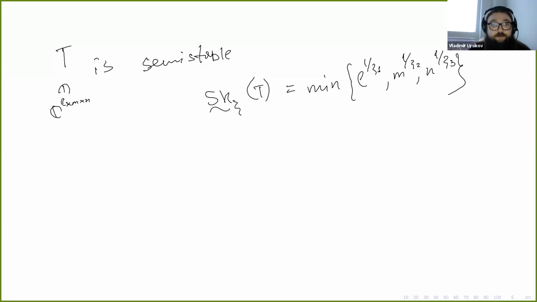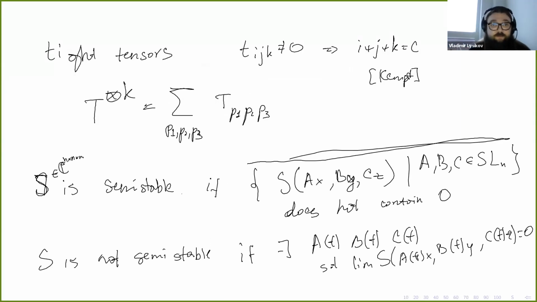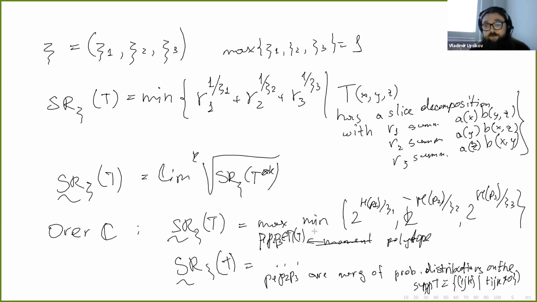And in this way, if we have this decomposition of a tensor into blocks and each block is semi-stable, we can get a lower bound on the slice rank of the k-th power. And we get an upper bound as previously, just by using a slice decomposition of optimal size for each block. And we'll get the result that we want, this kind of optimization result.